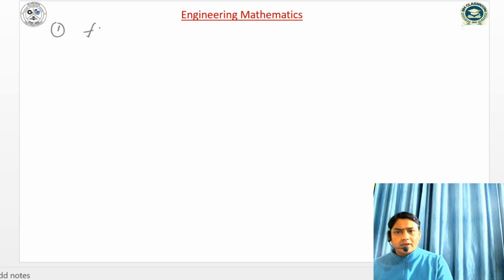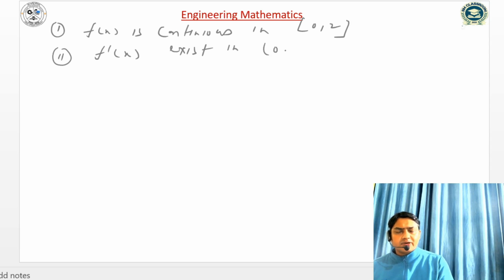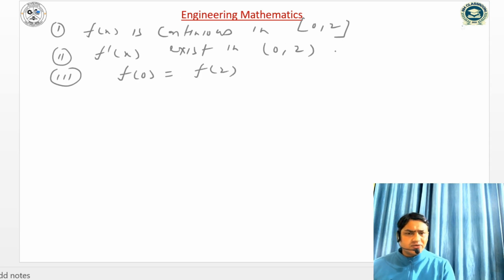The first one is f(x) is continuous in the interval 0 to 2, f'(x) exists in the interval 0 to 2, and the third is f(0) is equal to f(2), or we can say that f(a) is equal to f(b).